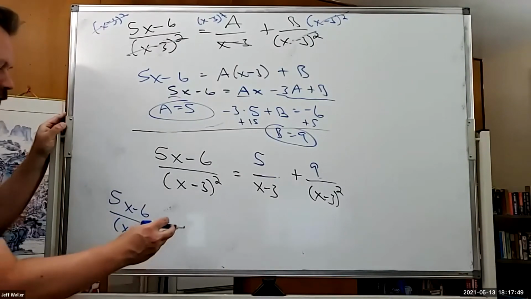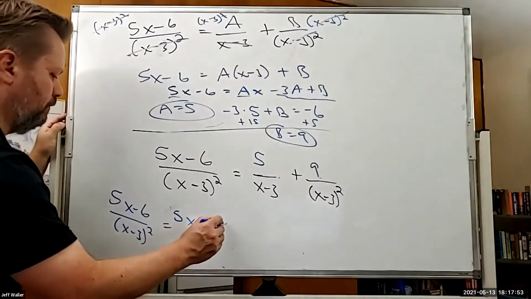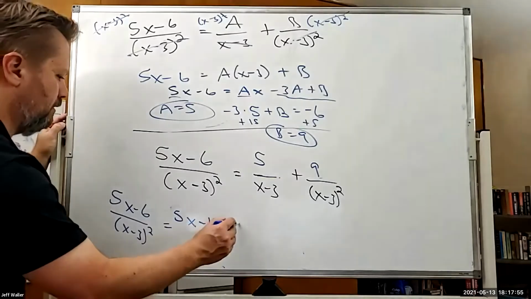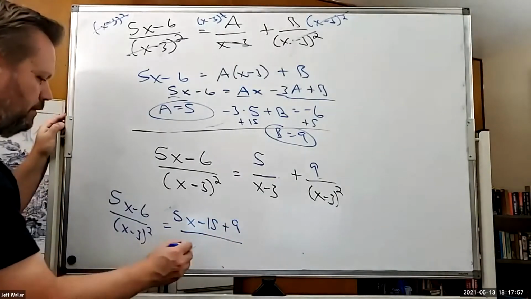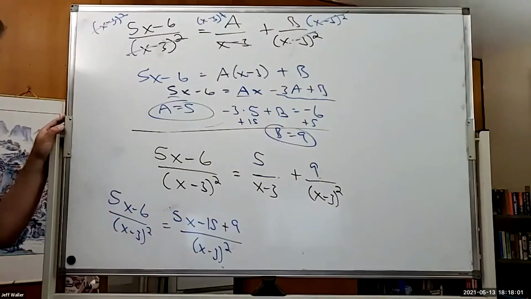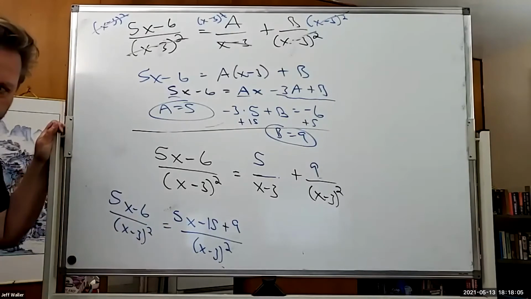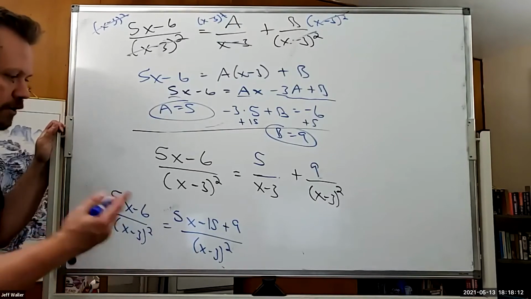All right. What if I put 5x minus 15 plus 9? Now, is this something different from this? Are those the same? I'm claiming they're the same. Are they the same? Sure. And okay, so they're the same, right?